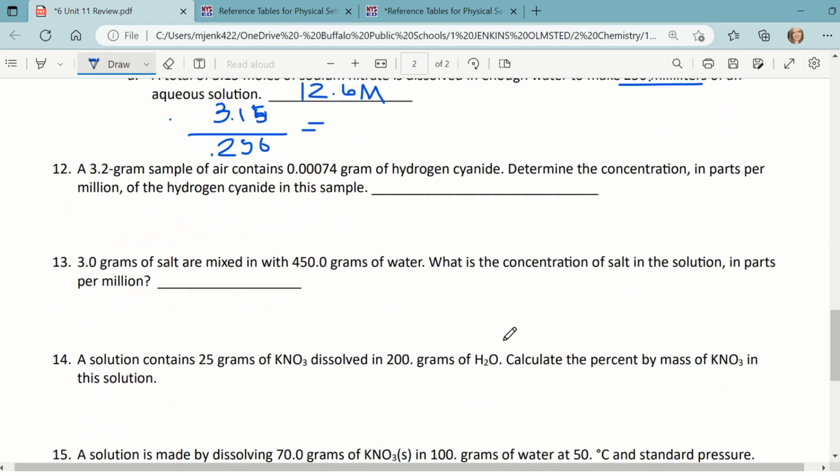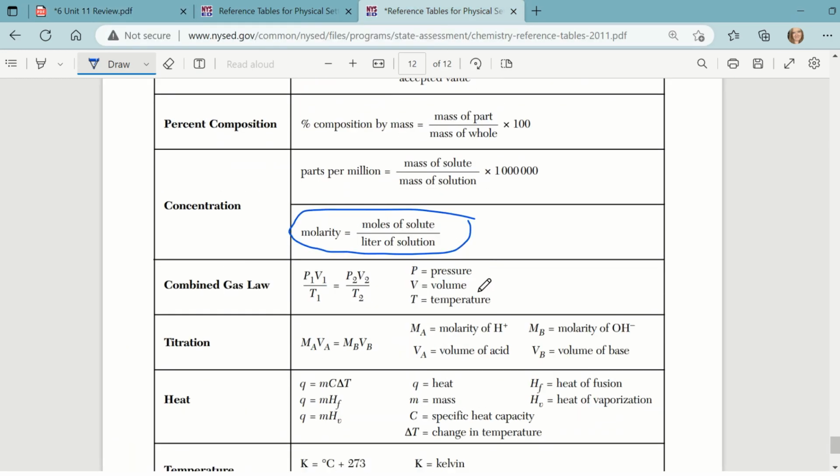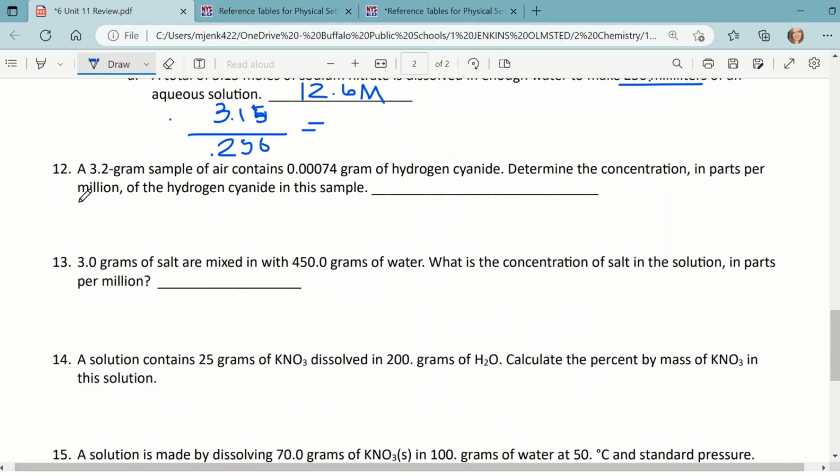All right, next one is parts per million. So we're going to use this formula right here. So mass of solute divided by mass of solution times a million. Okay, so it is the mass of solute over mass of solution times a million. Don't forget that. 1 with 6 zeros.